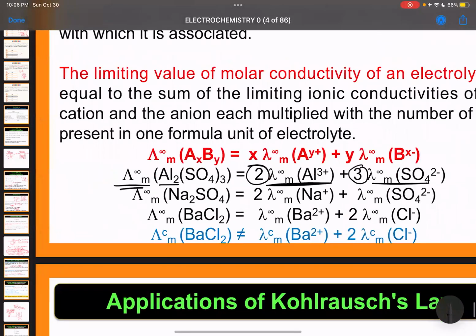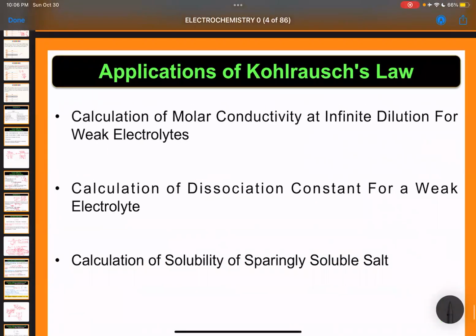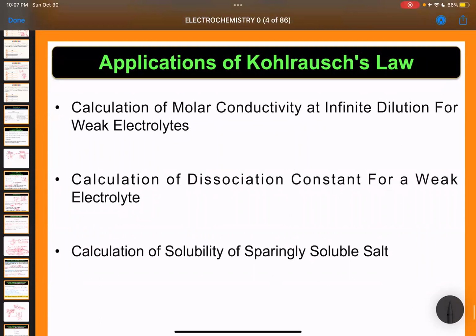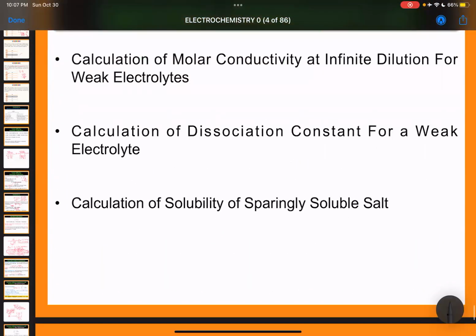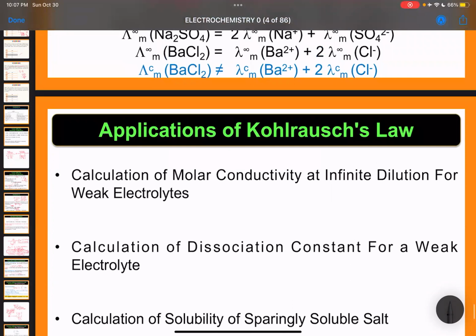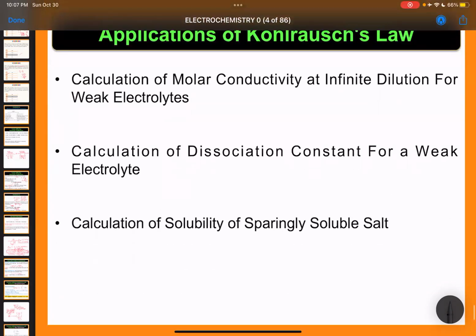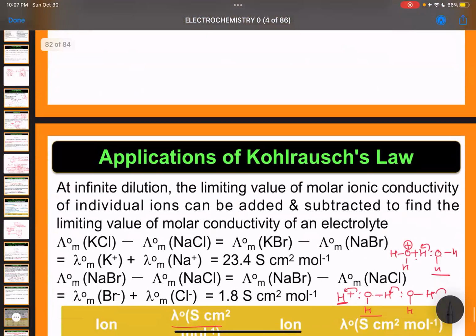Likewise, you can calculate the molar conductance for all compounds, but you need to know what ions the compound breaks into, and accordingly you can calculate. Right? Clear? That is very simple. It makes our life very easy. We can easily calculate what all ions are there and the individual ions' molar conductance.